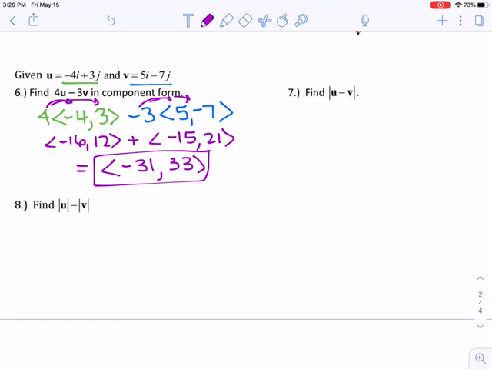Looking at 7 and 8, they're very similar to each other, but quite different. Both of them are asking a question about magnitude, length. But for question 7, we want to find the vector u minus v first, and then find its magnitude. Versus in question 8, we want to find the two vectors, u and v, find their magnitudes, and subtract their lengths, their magnitudes from each other.